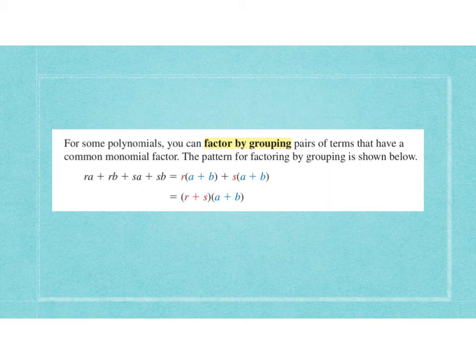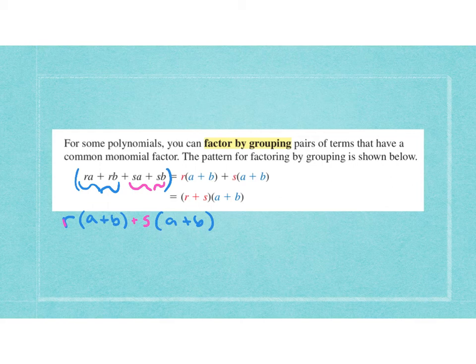Then, if we have 4 terms, so here we have 4 terms in this example. If we see a number in common in our first 2 terms, so that r is in common, we would take out the r, and we'd be left with a plus b. If we have a number in common in our second 2 terms, which we have an s in common, we would take out an s, and we'd be left with a plus b.